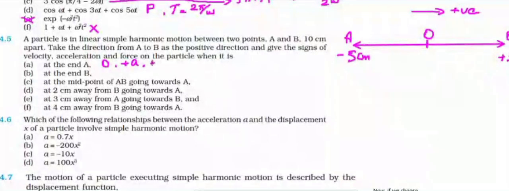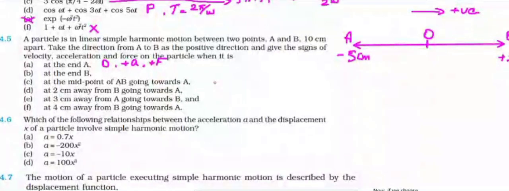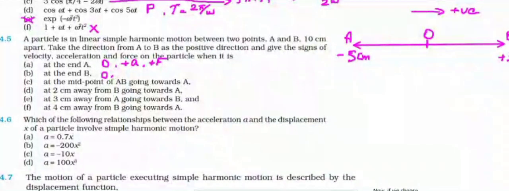As acceleration is positive, force is also positive. Next, at end B, again the velocity is 0. At end B, displacement is towards the right hand side, and acceleration is opposite to displacement in SHM, so it is towards the left hand side. Therefore, acceleration is negative. As F is equal to ma, force is also negative.